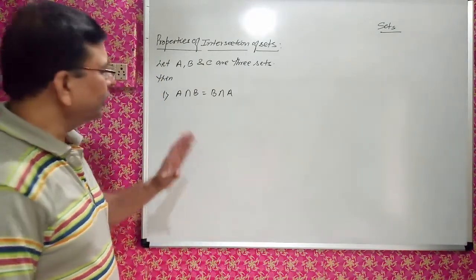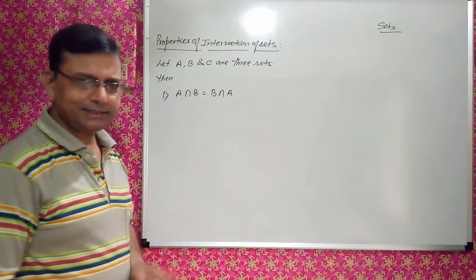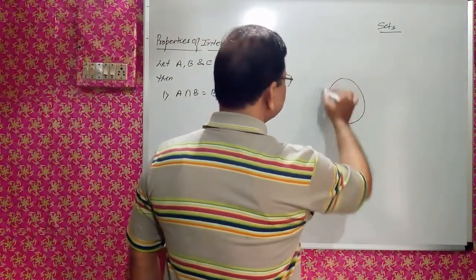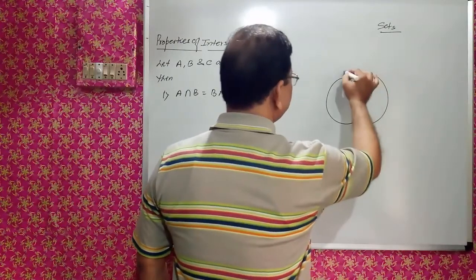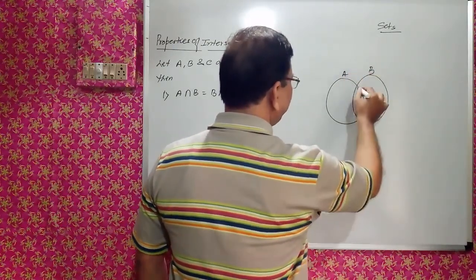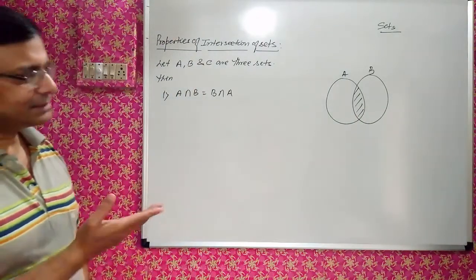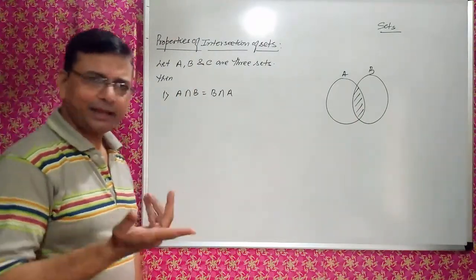This property holds good for union as well as intersection. See, this is one set, this is another set, this is A and this is B. The intersection part is this. So either you say A intersection B or B intersection A, the meaning is the same.